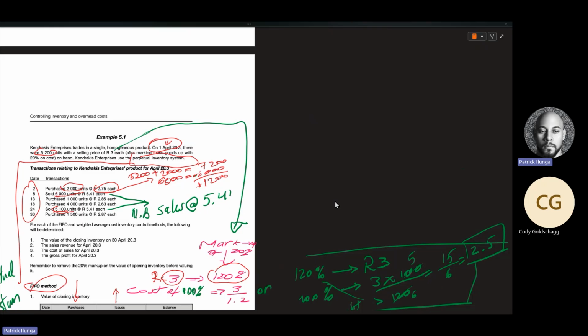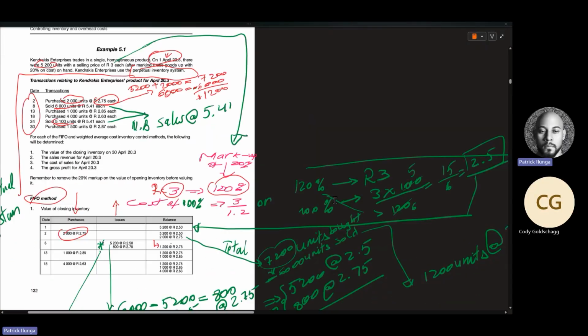What is the cost per unit? We are provided the selling price, but we don't know the cost per unit. But we are given a clue. They say that there was a markup of 20%, meaning that we can work backwards. So from the 3 rand, 20% was added onto something to get to 3 rand, right?